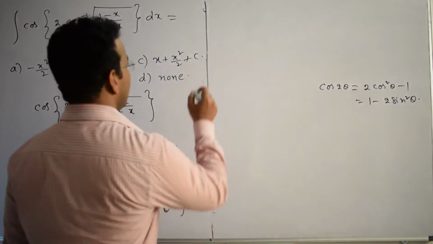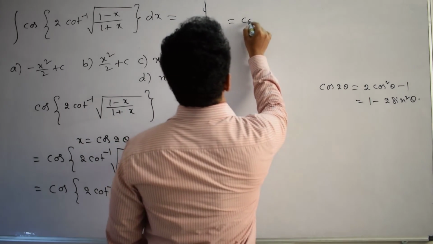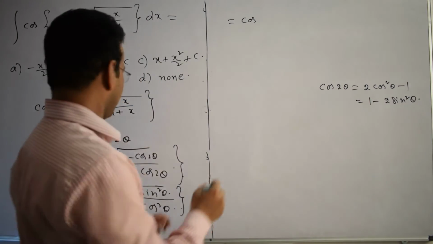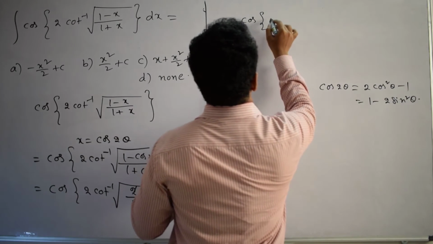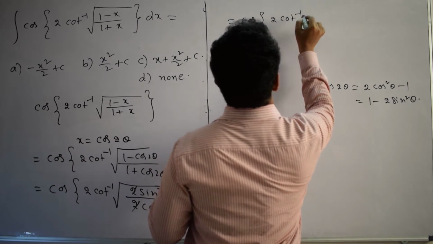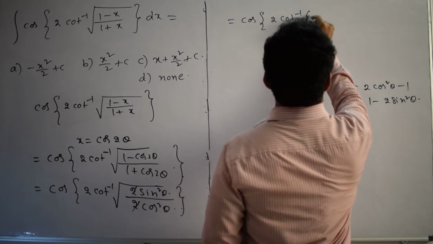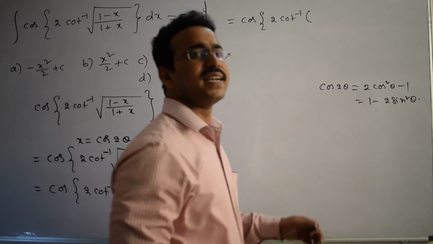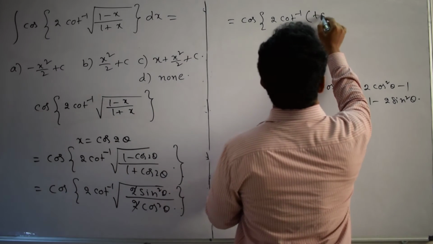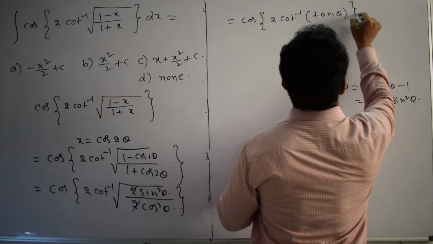So finally I am getting cos of bracket open 2 cot inverse tan theta, right, close.